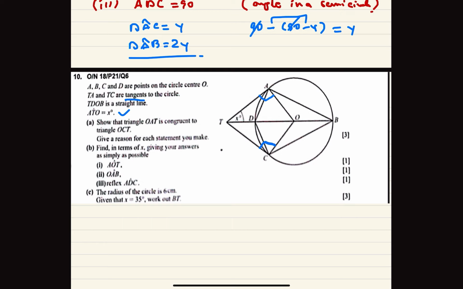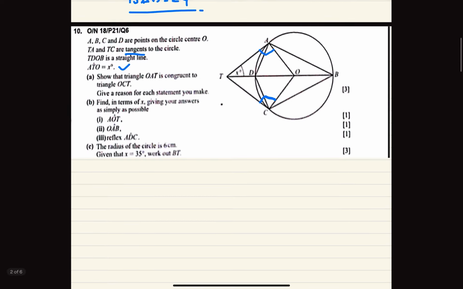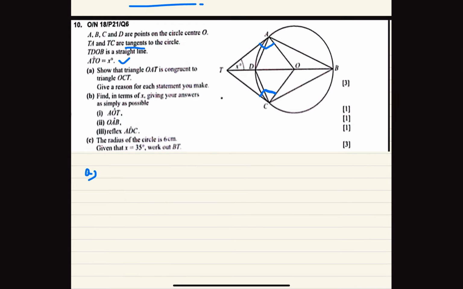Show the triangle OAT is congruent to triangle OCT. Okay, we need to prove the congruency. Now see, triangle OAT and triangle OCT.